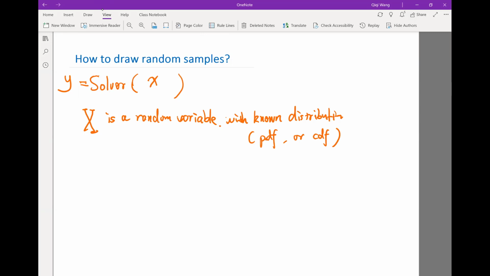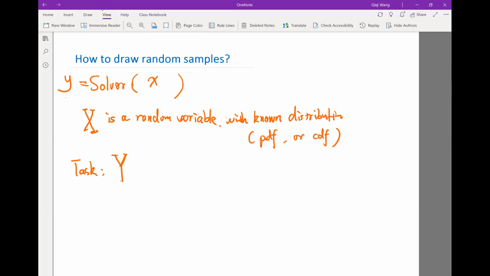And the task is usually to compute the output y. Although we don't know what x is as a map from omega to numbers, we know x is some kind of a map, right? And y is a function of x. That means y also maps from the probability space to numbers.